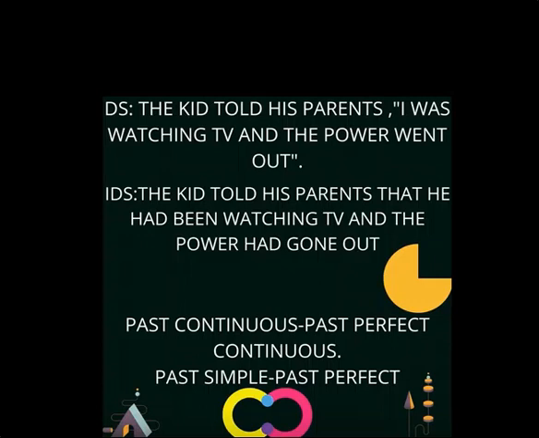When there is a past continuous in the sentence, it changes into past perfect continuous. The kid told his parents that he had been watching TV and the power had gone out. Past simple changes into past perfect: "the power had gone out" is the past perfect tense here.